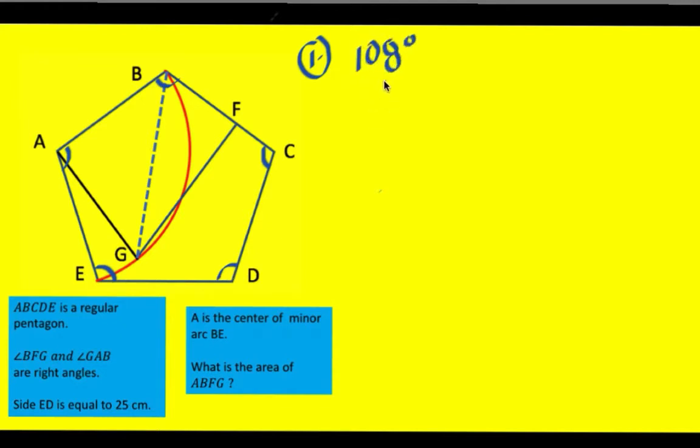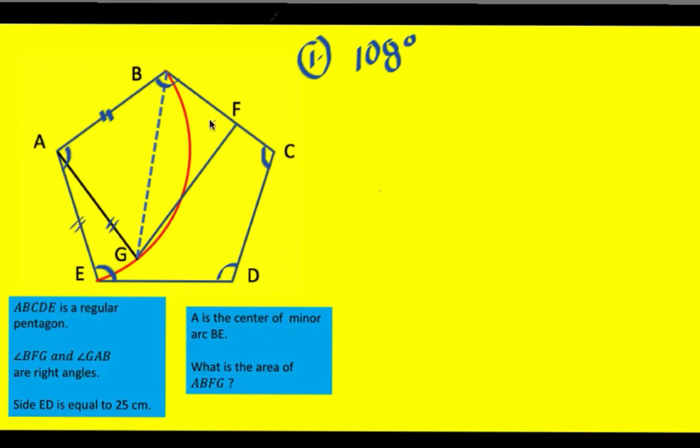You can check the properties of a regular pentagon for this value, and we're going to use this later on in our solution. Second, it is given that point A is the center of minor arc BE. That means the length of side AB is equal to the length of side AG, which is also equal to the length of side AE.